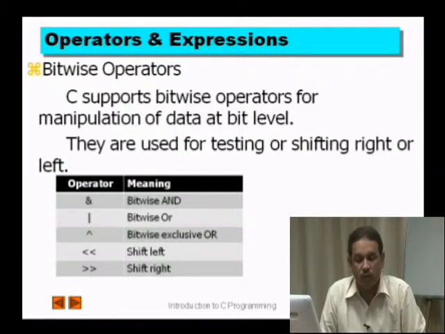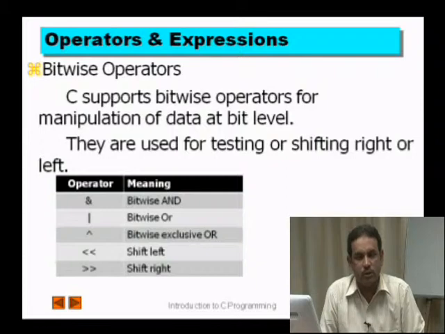What will be the output of bitwise exclusive OR? The output of exclusive OR is true when both the inputs are different, that is, one input is 0 and the other input is 1. When both the inputs are the same, 0 0 or 1 1, the output will always be 0.